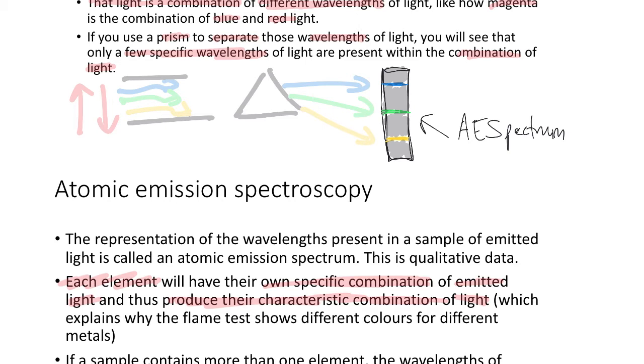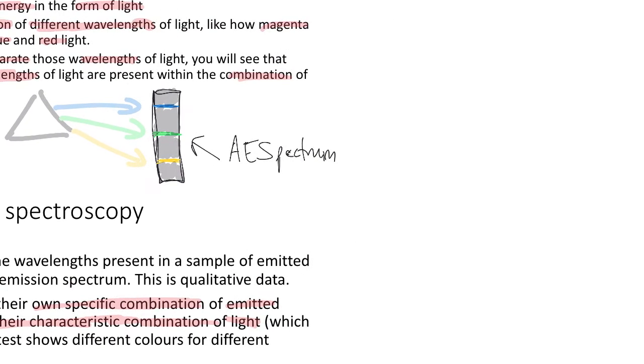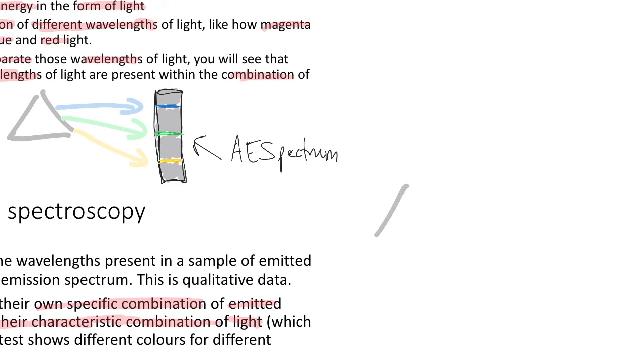So this might be one particular sample above with the blue, green, and yellow. But say I take another sample and I split that via a prism over here, and maybe it's got a combination of red and blue light only. All right.